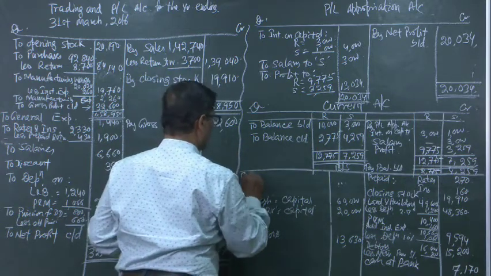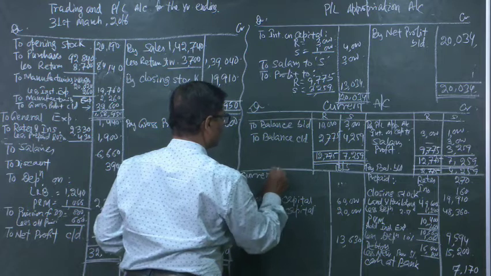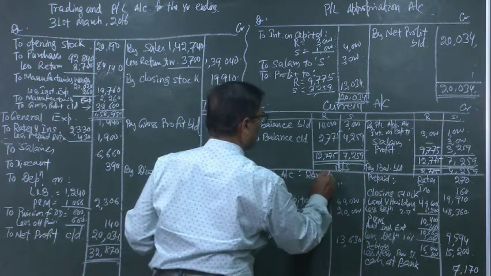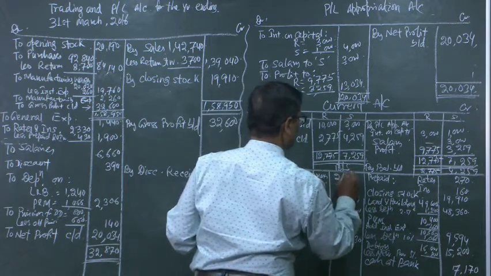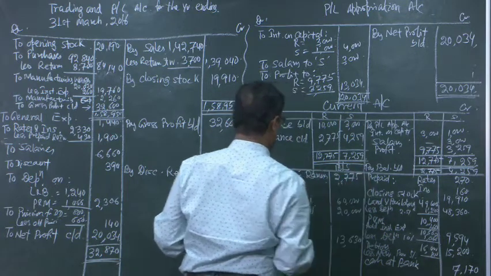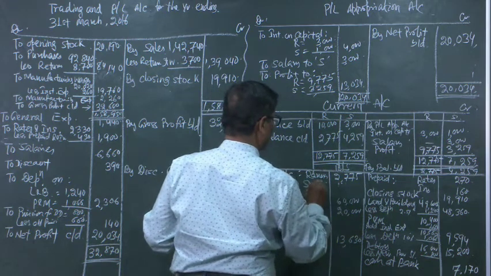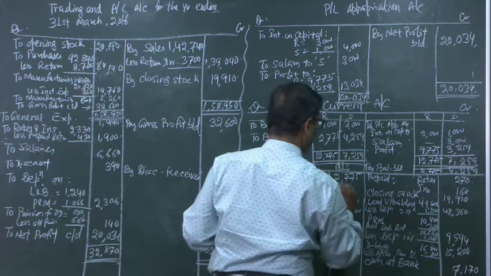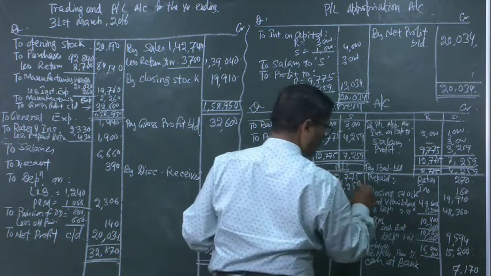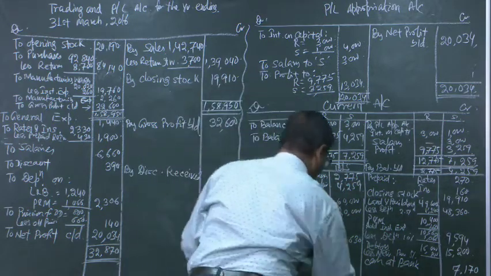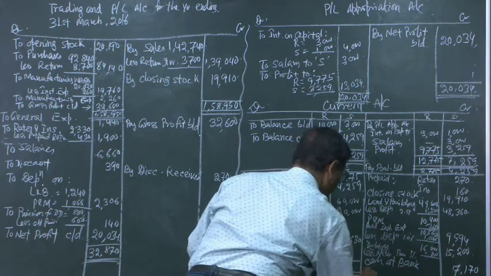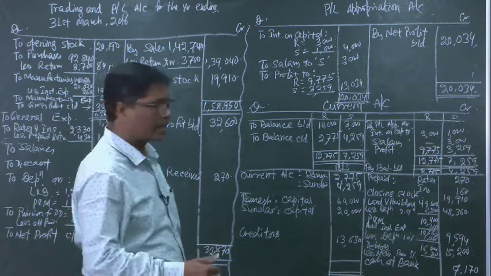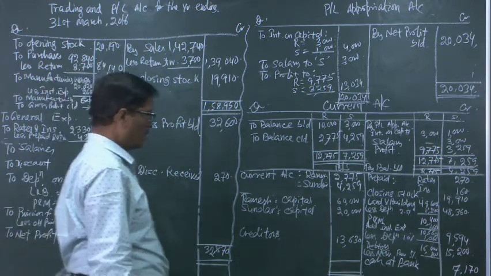So, we can write current account of Ramesh is 2,775 and of Sundar is 4,259. Now, we can take the totals in both the sides, and if the total is agreeing, then we can say that our problem is correct. Let us see.